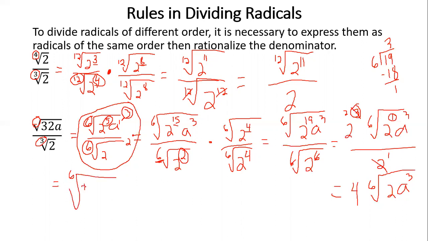So we have 2 raised to 15 a cube divided by 2 squared. Magka-cancel po. So 15 minus 2. Okay, we have the 6th root of, so, magka-cancel na po yan. Pwede na po tayo mag-divide. So, 15 minus 2, that will give us 13. Then a cube.